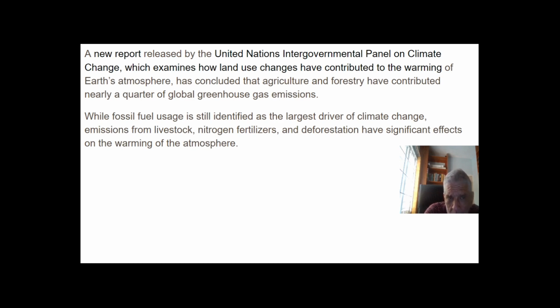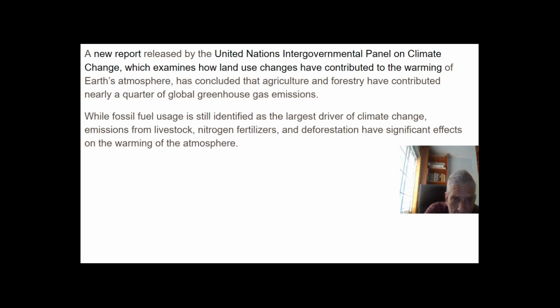And while fossil fuel usage is still identified as the largest driver of climate change, emissions from livestock, nitrogen fertilizers, and deforestation have significant effects on the warming of the atmosphere. And of course, nitrogen fertilizers obtain the nitrogen using the Haber process, which gets it from fossil fuels.